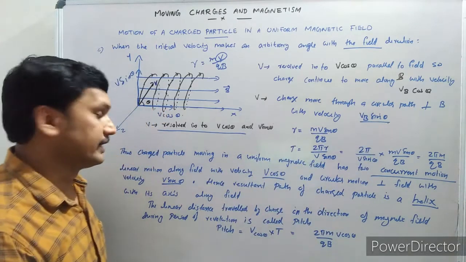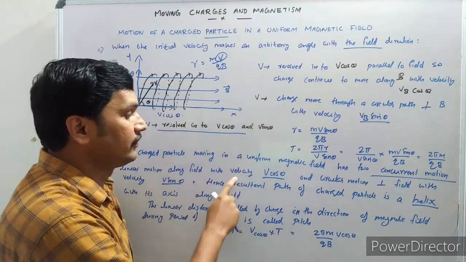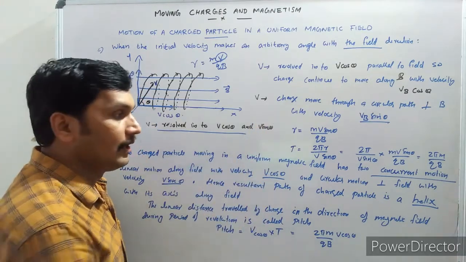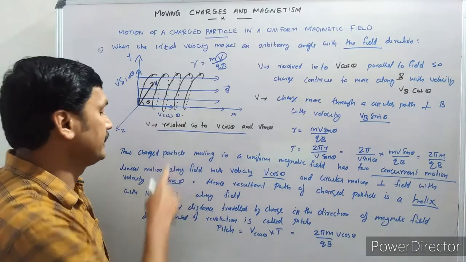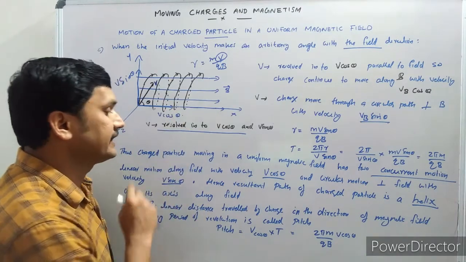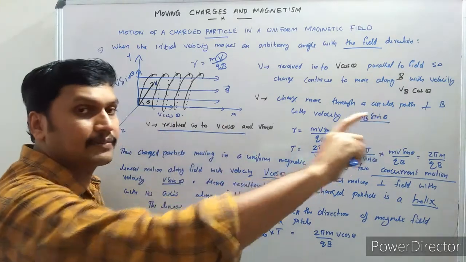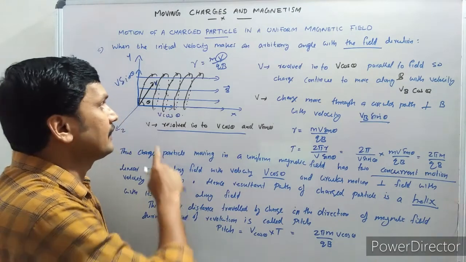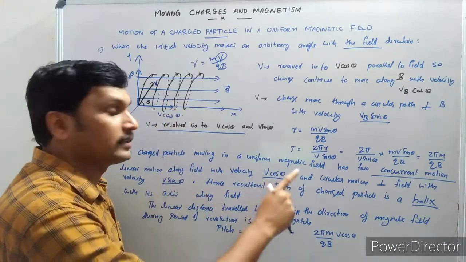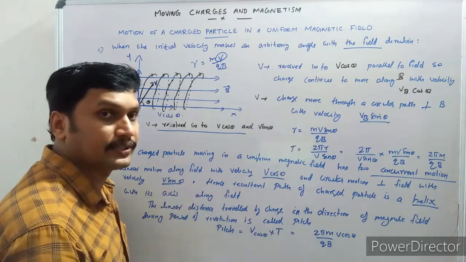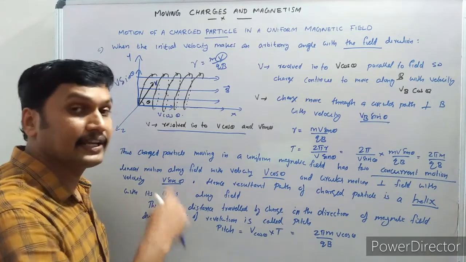A linear motion along the magnetic field with a velocity v cos theta, and a circular motion perpendicular to the magnetic field with a velocity v sin theta. Hence, the resultant path of the charged particle is a helix.